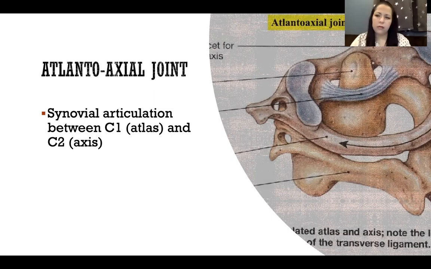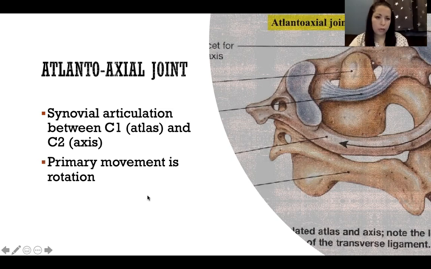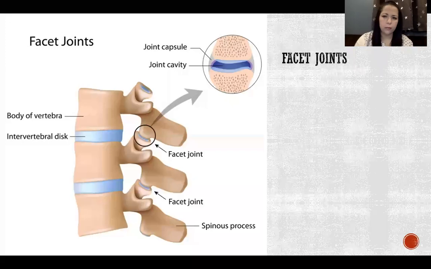That's the dens of C2. And then C1 is sitting on top of it and has this ligament that wraps around the dens. And so then C1 just rotates around the peg that is sticking up from C2. So it's a pivot joint. So primary motion is rotation there, which is true of pivot joints.